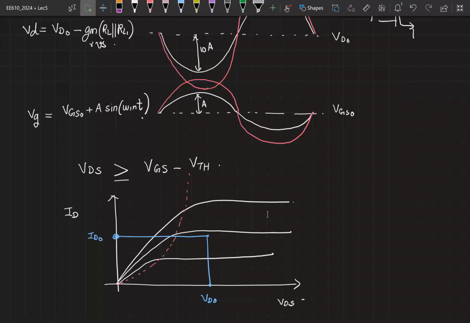Is that clear? Now would it be a straight line? So we all agree that from some point here, we are moving in this direction. Would it be a straight line, or would it look like this or like this?